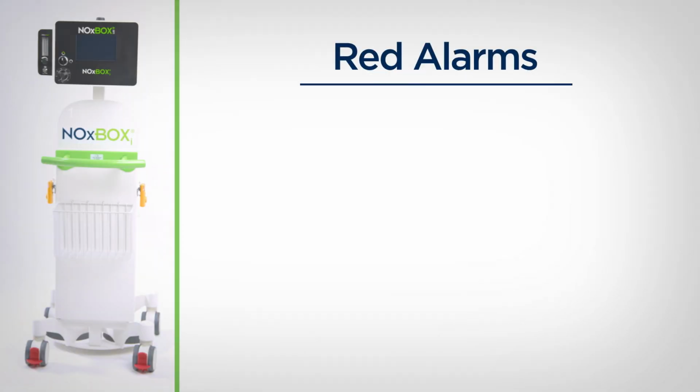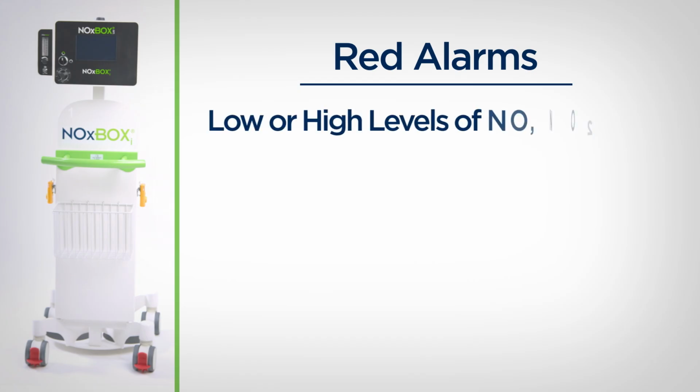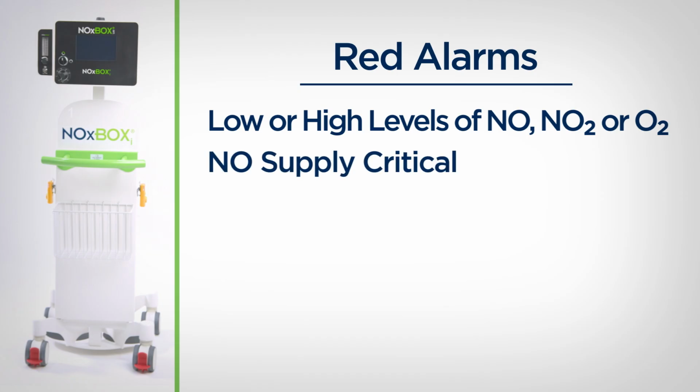Red indicates a high priority alarm for low or high levels of nitric oxide, nitrogen dioxide, or oxygen, when the monitored gas levels are lower or higher than the alarm set points. Nitric oxide supply critical, when the cylinder of nitric oxide is connected and the content is running critically low, or 2 cylinders are connected and the content in both is running critically low. Sample line block, when the sampling circuit has an occlusion.